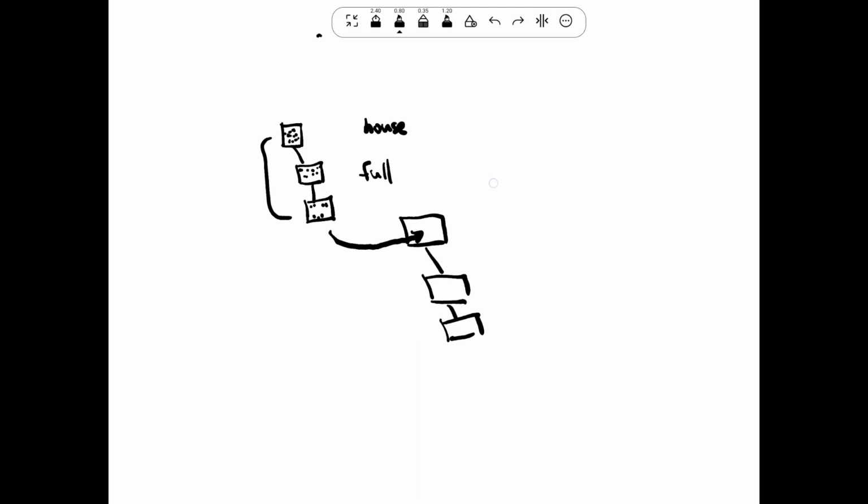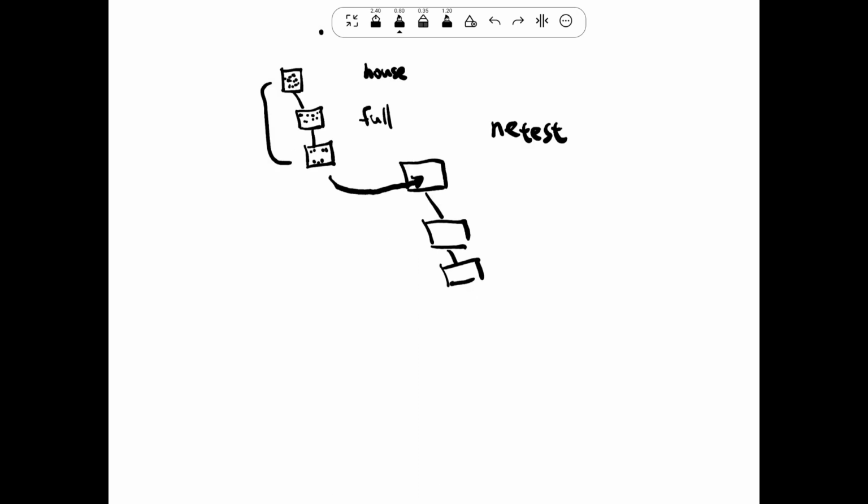This is the next one. And we call every room a block.